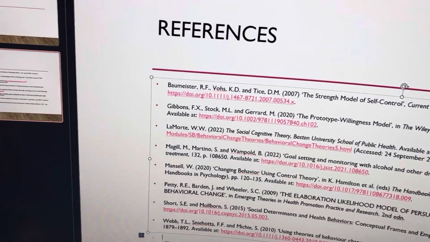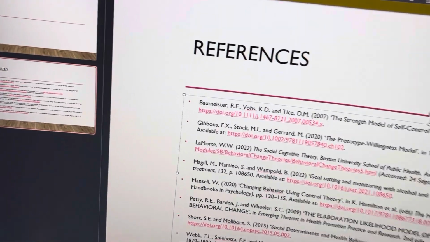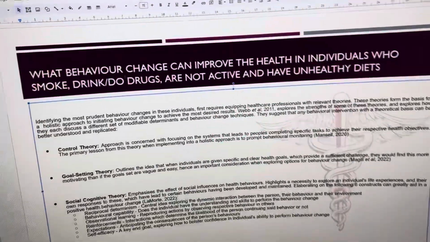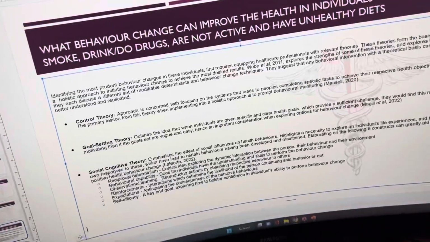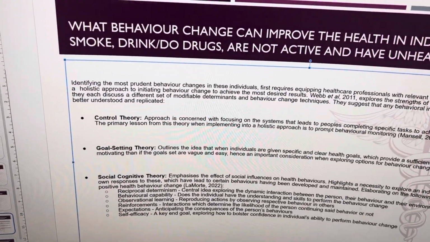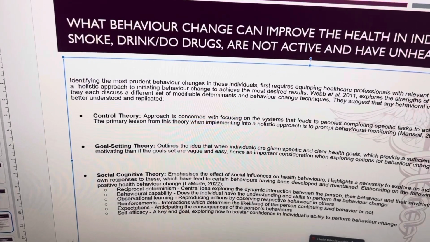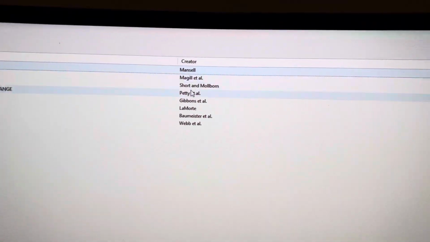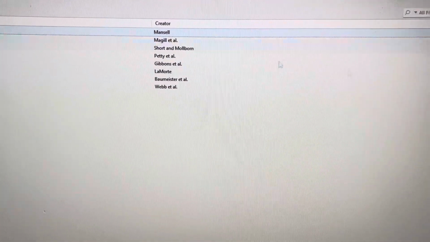Just another thing in terms of how you actually put these references into your text or into your work. So for example, this is the kind of work that I've been doing. What you want to do is find the author and the date the piece of work was created. So if you go here, it will say Mansell did this, right?